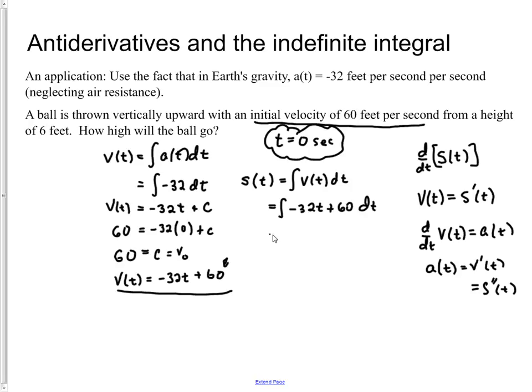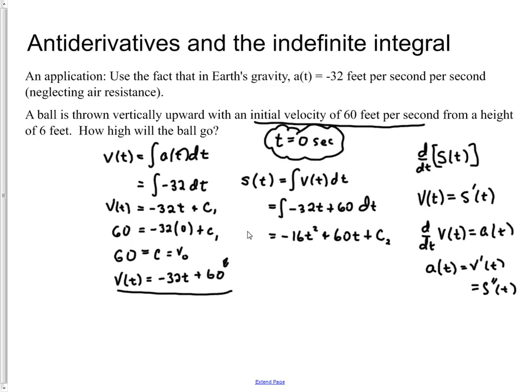Rewriting this, that's negative 32 times 1/2 t squared, which is negative 16 times t squared, plus the antiderivative of 60 dt, so that's 60 times t, plus, again, another constant of integration. I'll call it constant 2, and we'll call the first one constant 1 just to keep them separate.